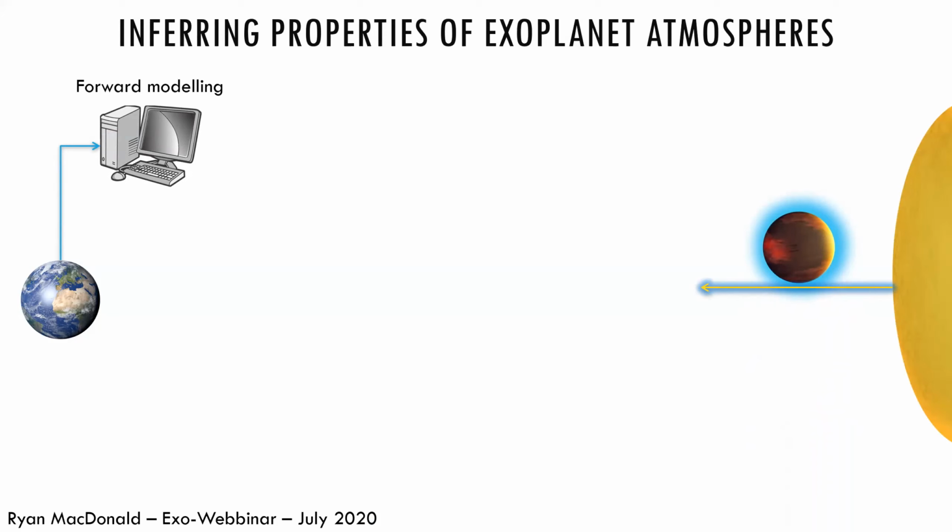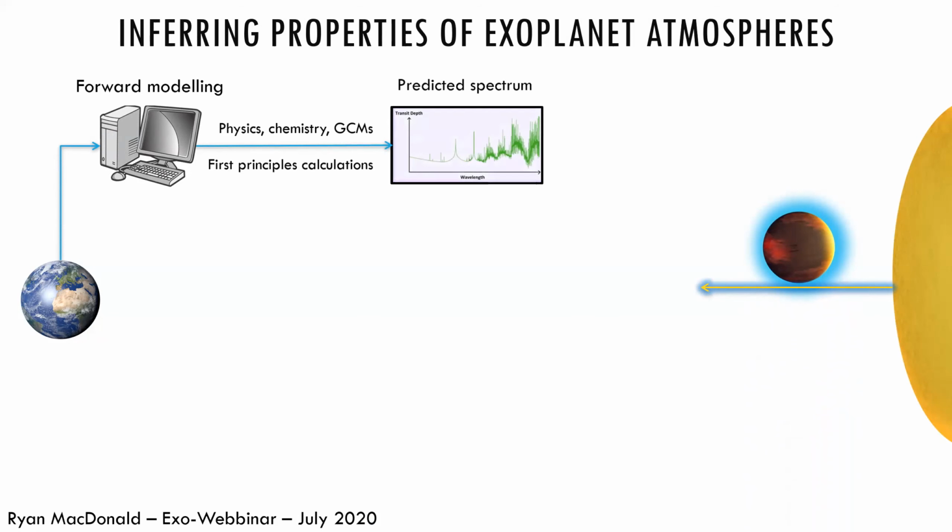Essentially, you would start from first principles. You would take the laws of physics and principles from chemistry, perhaps even going as far as a full three-dimensional general circulation model, to produce a theoretical prediction for how the fraction of starlight, as a function of wavelength, which is absorbed should look, and that's what we call a transmission spectrum.